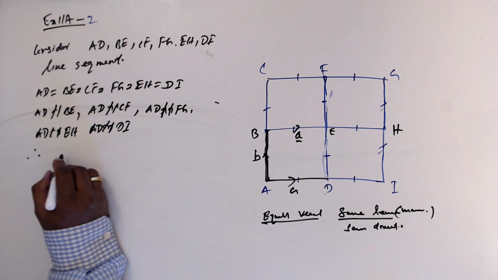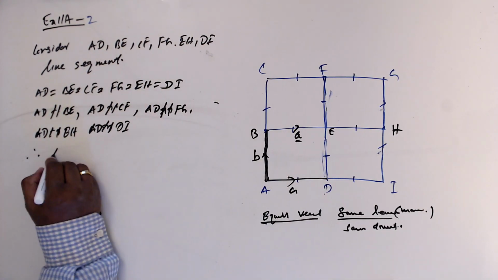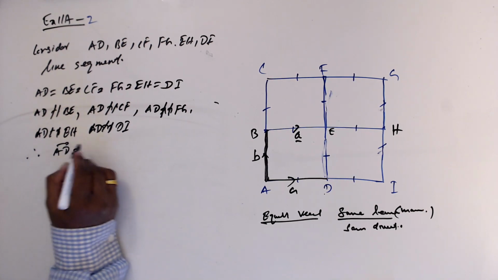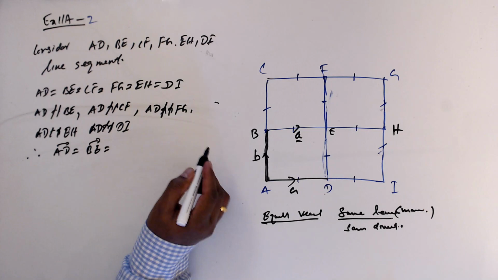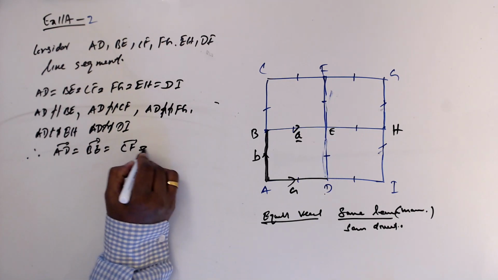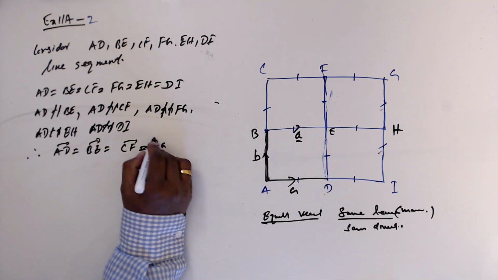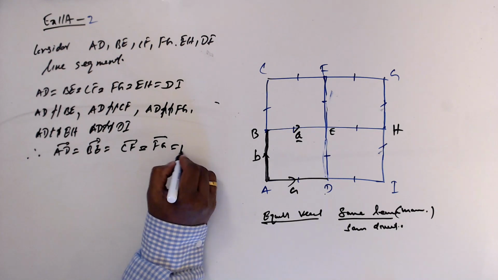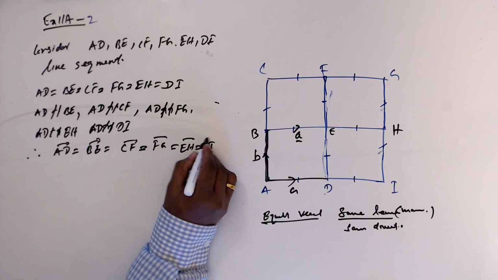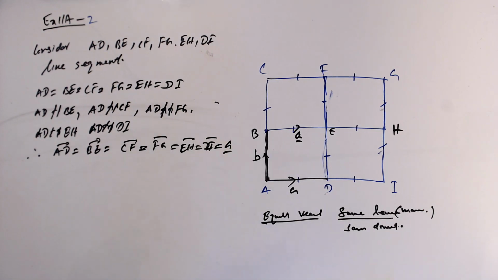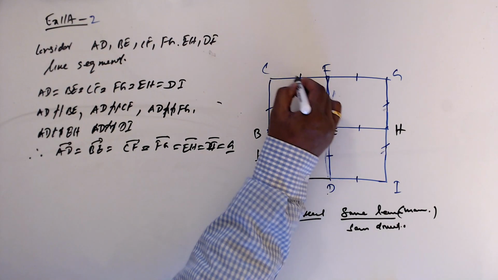Hence AD equals BE equals CF equals FG equals EH equals DI equals vector A. They all are A.